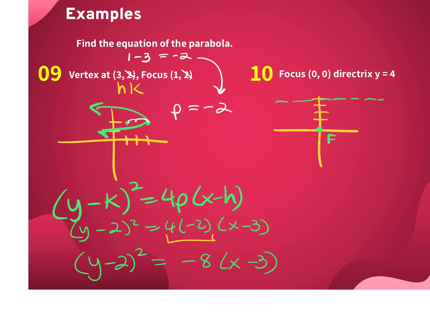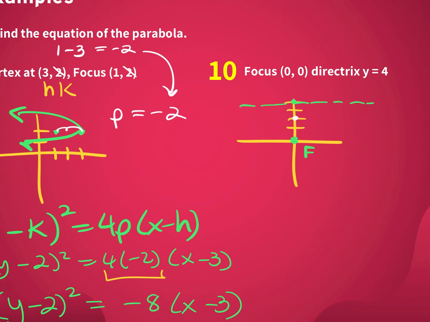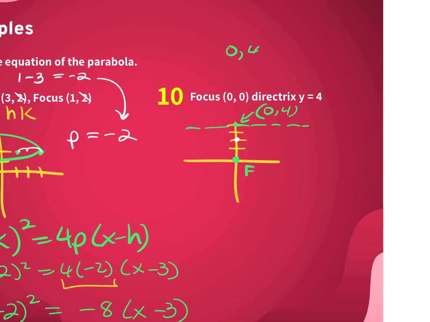Remember, the vertex is essentially the midpoint of the focus and the directrix. Because I've given myself a visual, I can see where the middle is, and my midpoint is right here. However, I can also do the midpoint formula: you add the x's, divide by 2, and add the y's, divide by 2. So I would take the point on the directrix, which is going to be 0, 4, and do the midpoint formula with the focus point.